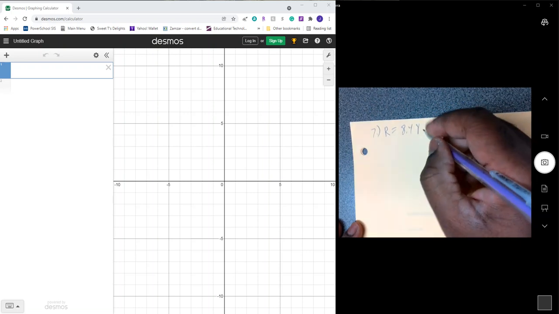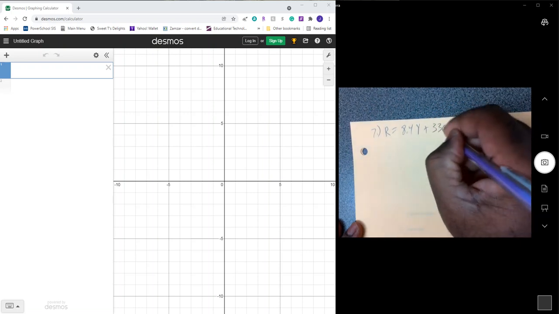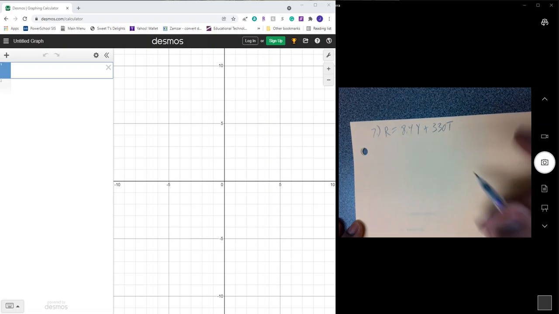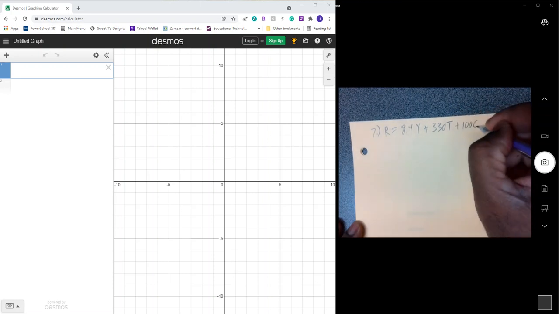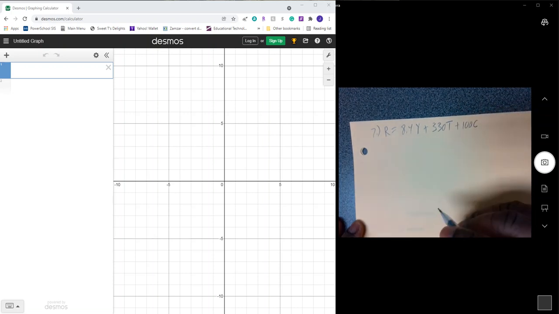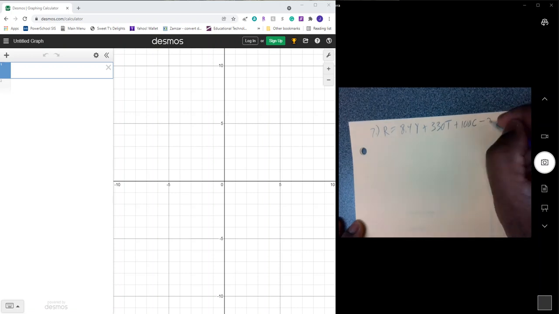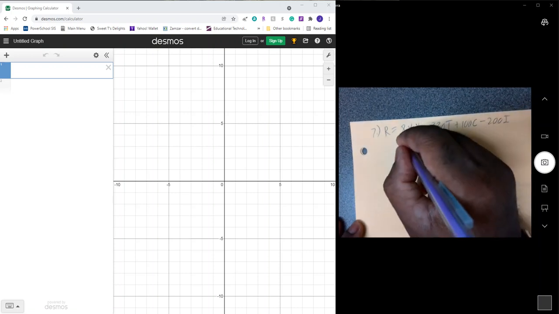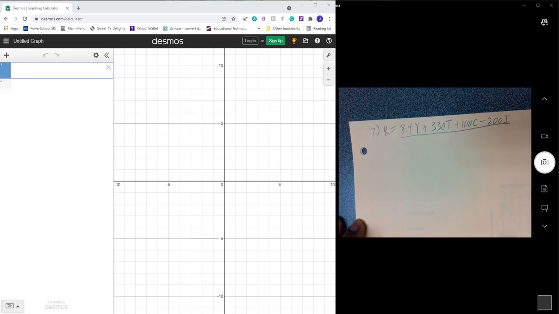8.4y plus 330t plus 100c minus 200i, all divided by A. Now it tells us R is the quarterback rating, A is the passes attempted, C is passes completed, Y is passing yardage, T is the touchdown passes, and I is the number of interceptions.